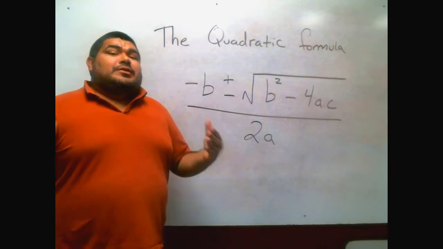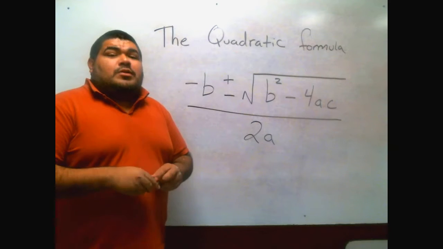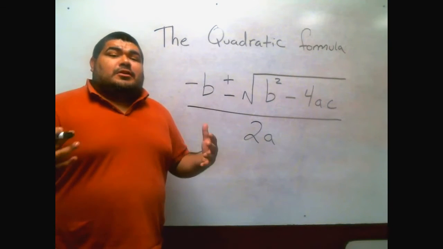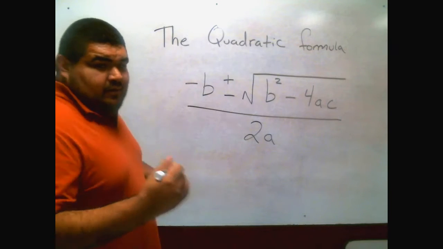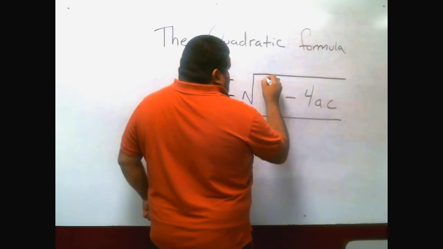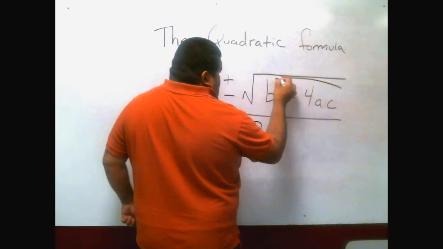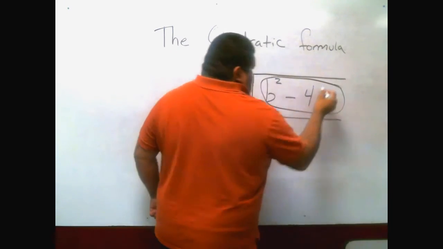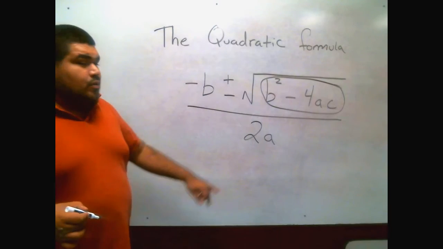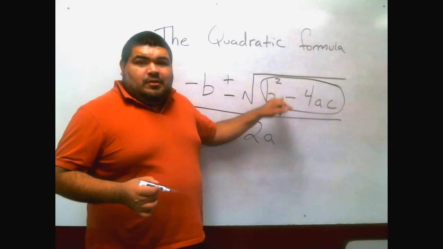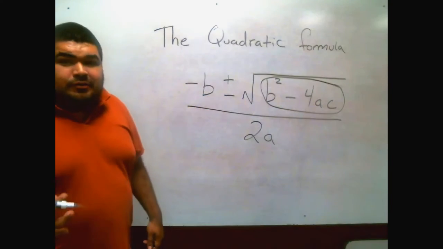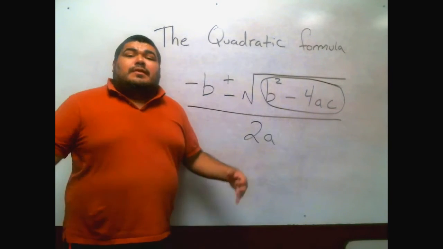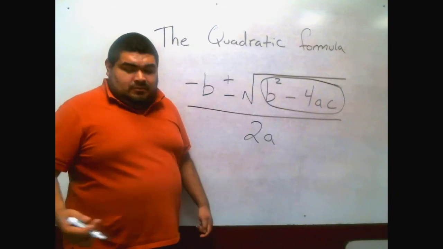Like I said, it looks a little complicated, but it's really not. We're only going to work with a certain part today, the very simple part, which is this here. We're only going to worry about b squared minus 4ac.